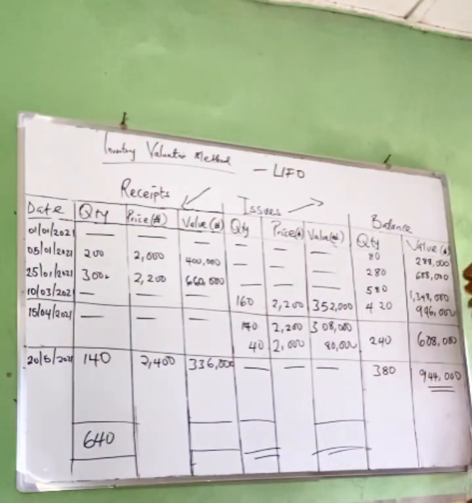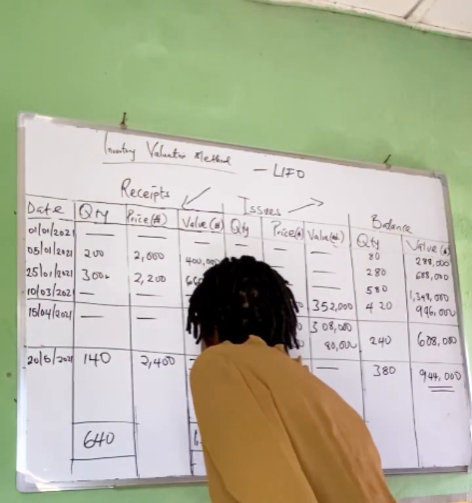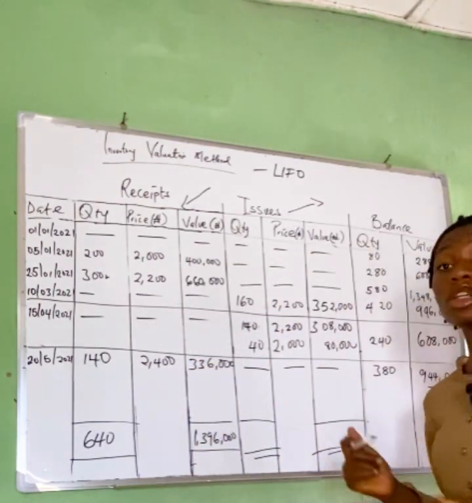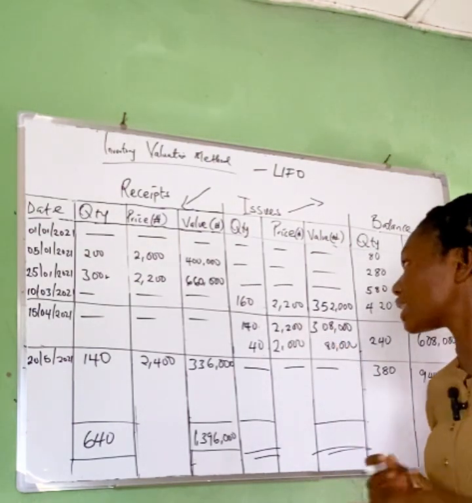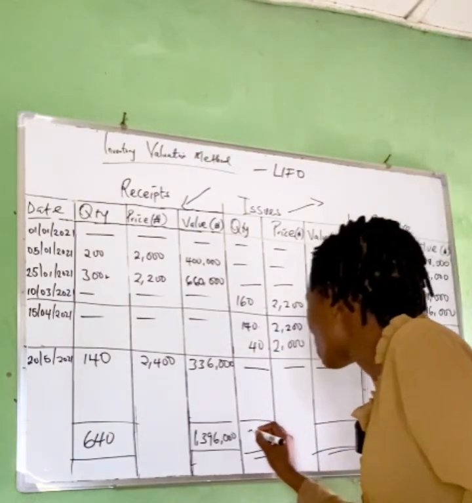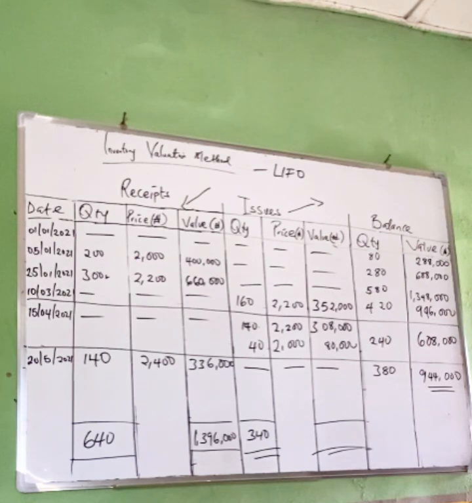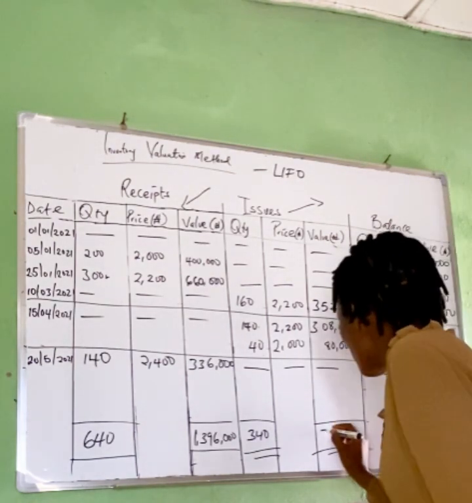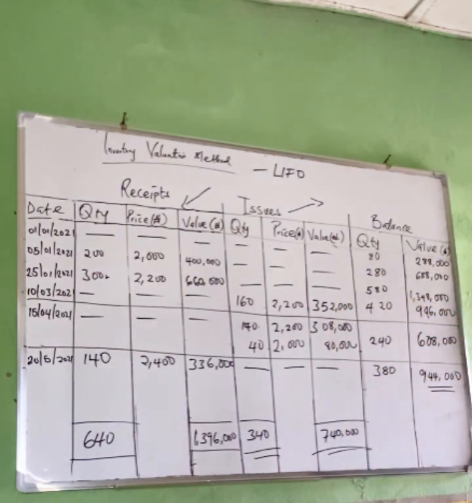For our value, this is 1,396,000 naira as the value of our receipt. Now for the issues, let's add in our total quantity. That is 160 plus 180, to give us 340 units. We have 340 units, and then the value will give us 740,000 naira.